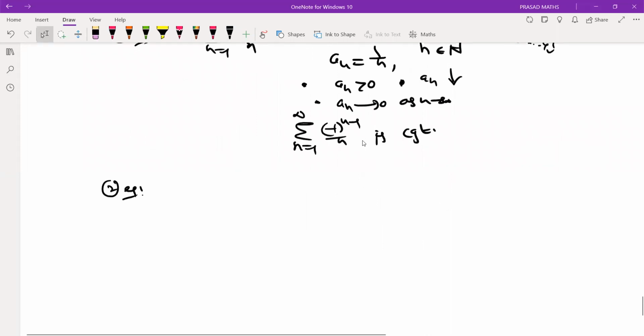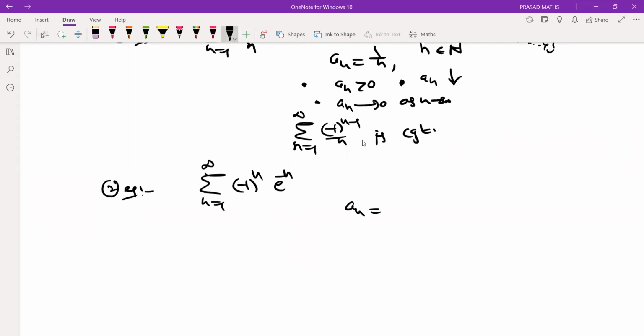So you take another example. Summation n equals 1 to infinity (-1)^n into, suppose you take, e to the power -n. Here a_n is equal to this.